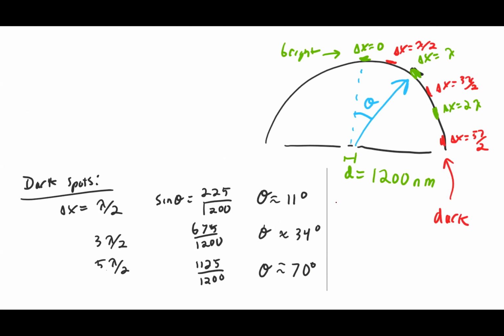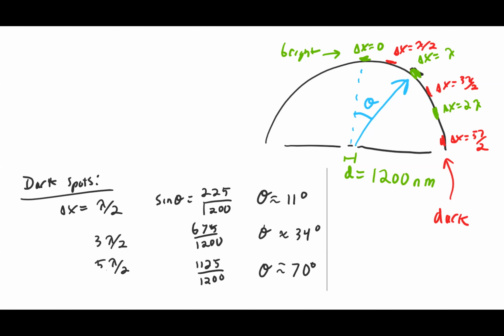If I do the same thing for dark spots, then I plug into the same equation, but now my delta x is lambda over 2, 3 lambda over 2, 5 lambda over 2, and I can quickly put together this map of what the screen is going to look like. So if I actually look at the screen, I'm going to see an alternating array of bright and dark spots, with bright spots corresponding to the angles that give me path differences of 0 lambda and 2 lambda, dark spots in between corresponding to path differences of lambda over 2, 3 lambda over 2, 5 lambda over 2.